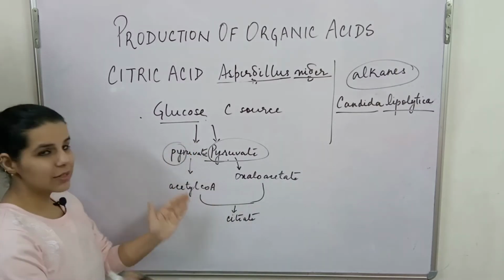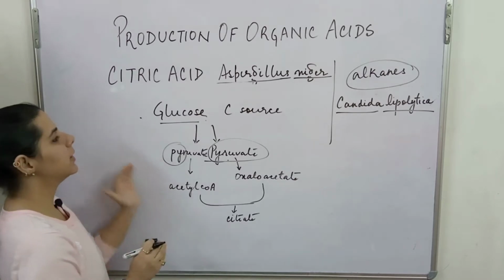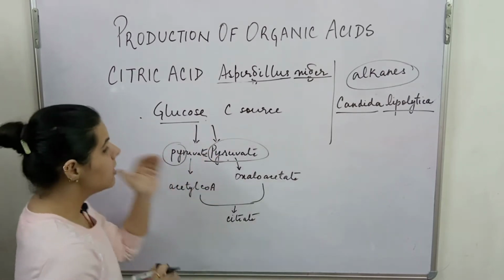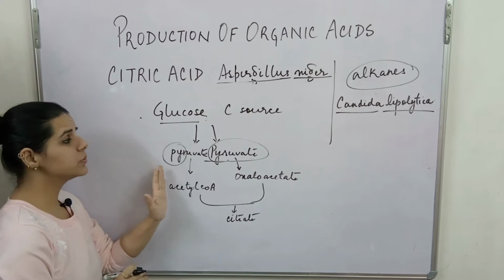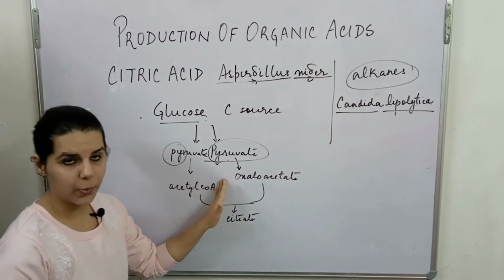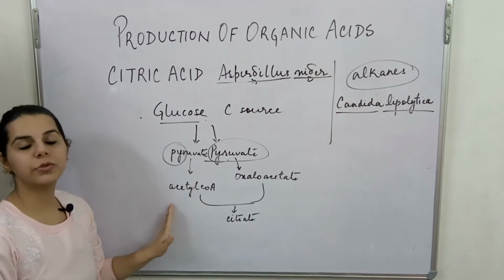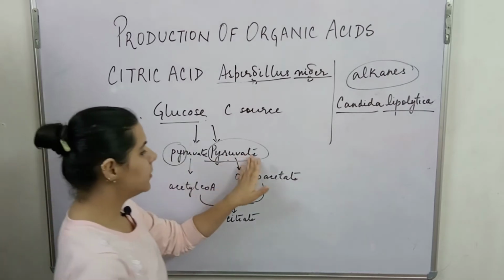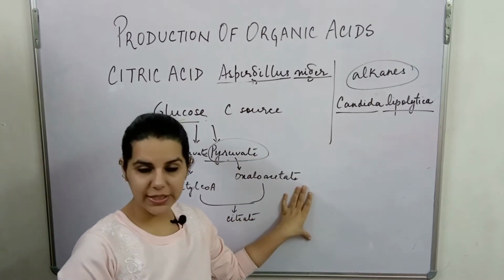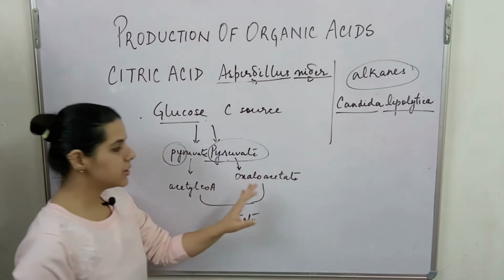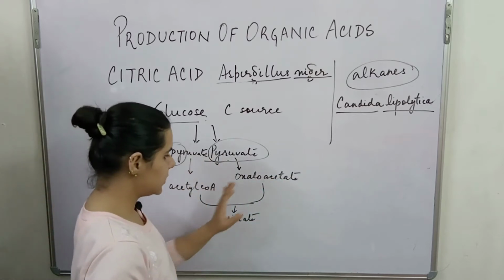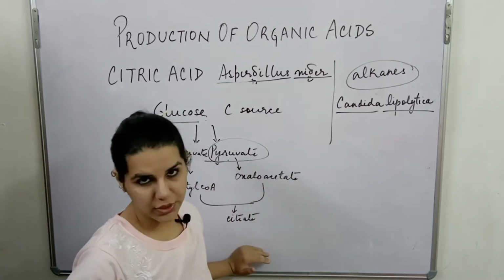I have just summarized it in a very small step: glucose is the carbon source, glucose gives two molecules of pyruvate, one pyruvate forms acetyl-CoA, another forms oxaloacetate, and together acetyl-CoA and oxaloacetate form citrate in the Krebs cycle.